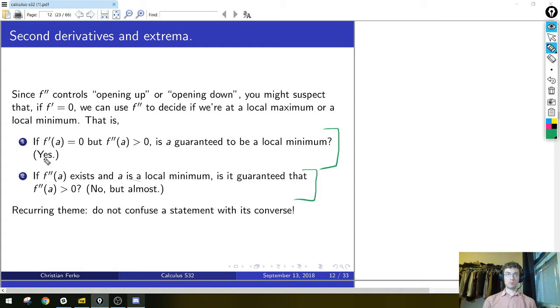The first conjecture is that if the first derivative is 0 but the second derivative is positive, are we always guaranteed that that point is a local minimum? The same statement holds with positive replaced by negative and minimum replaced by maximum, but I won't state it twice. So the second derivative implies max versus min. And as we'll prove in a moment, the answer to that question is yes.